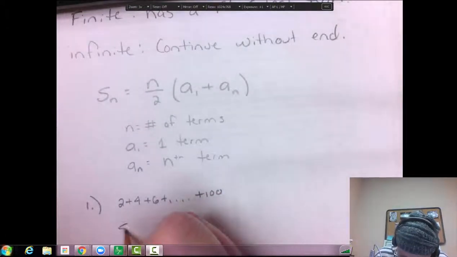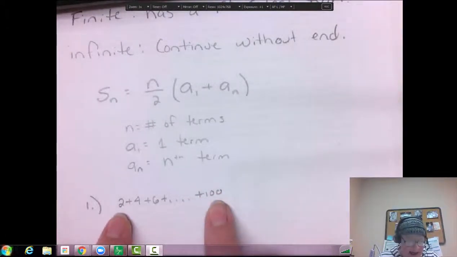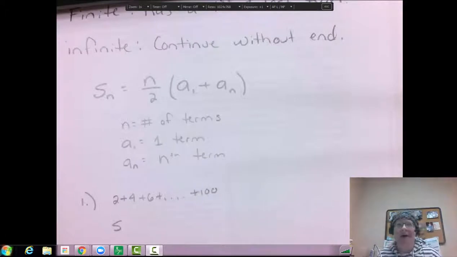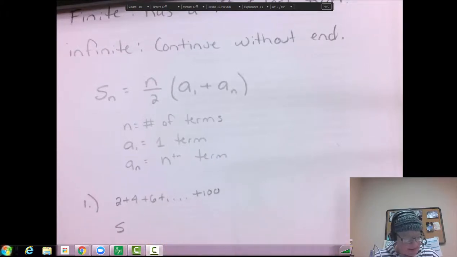How many terms do I have here? From 2 to 100, this is our first term. One way to find out how many terms you have, which we need to know, is to look at what we're going up by each time, that common difference.